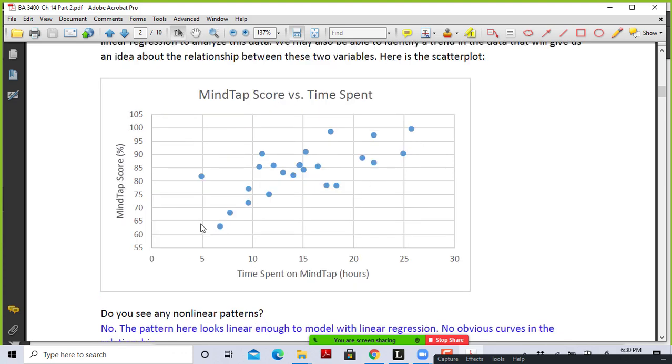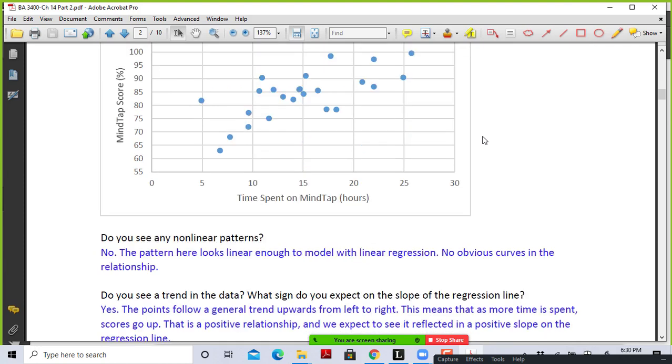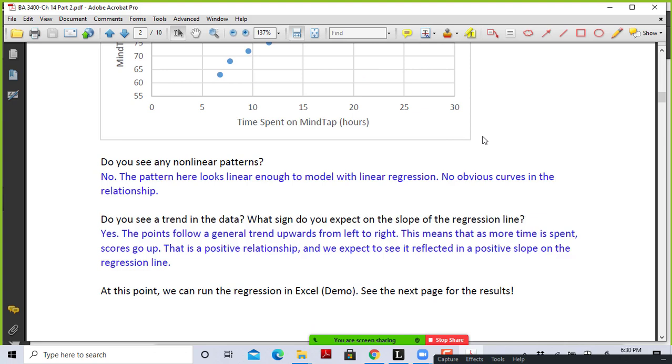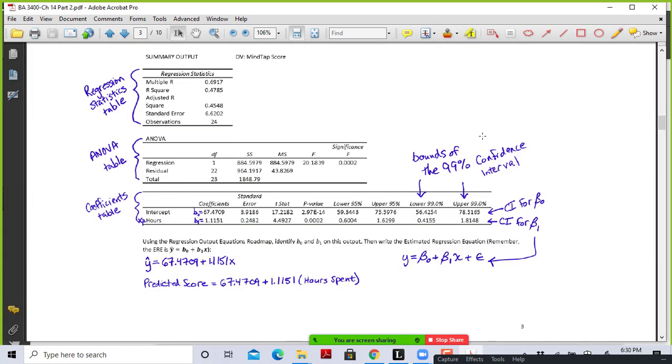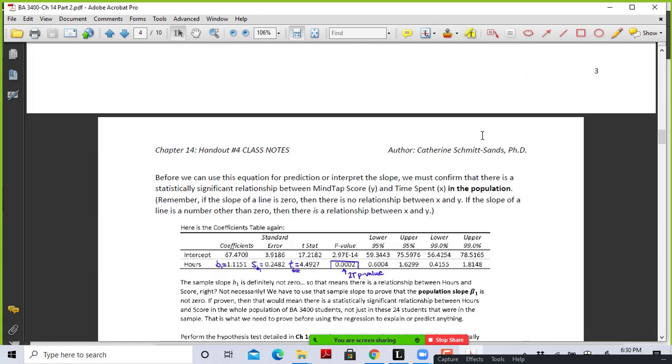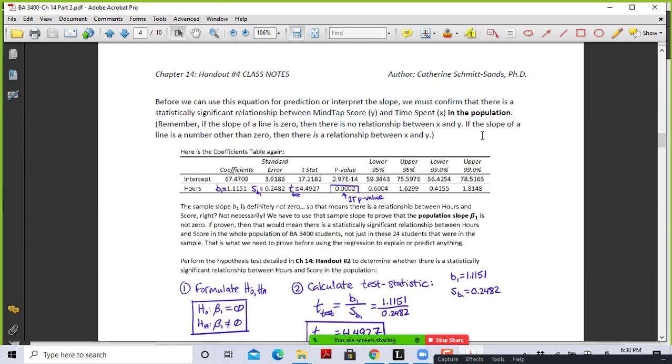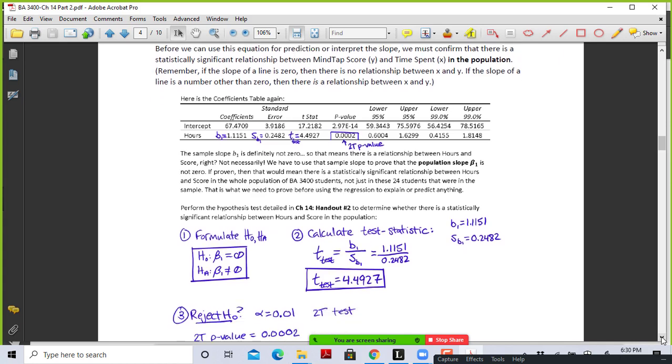If there is no linear pattern, we cannot model it with a linear relationship. Okay, actually I covered this in the first part. I did this example too. Okay. What about the hypothesis test, whether they're statistically significant or not?